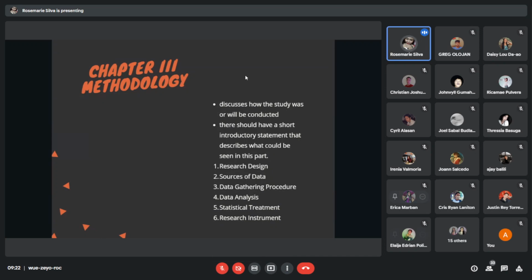What do you know about the research design, the different research designs? I think, ma'am, it's the qualitative and quantitative. Yes, quali and quanti. Then under that?